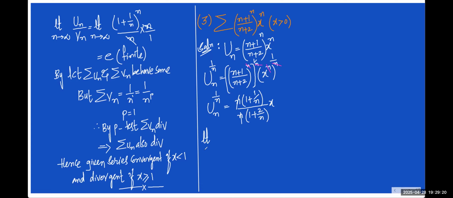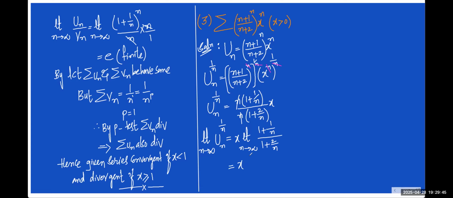Limit n tends to infinity of un to the power of 1 by n is equal to x, which will be free from the limit. So pull it out. Limit n tends to infinity of (1 plus 1 by n) divided by (1 plus 2 by n). Now see, the limit will go to the numerator and to the denominator.